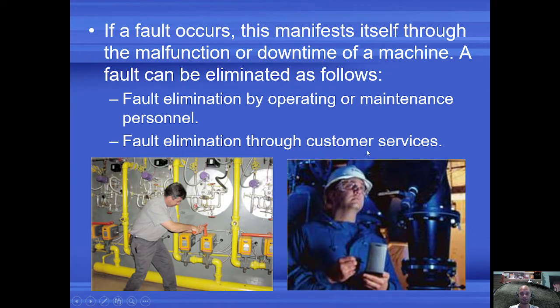Next, fault elimination through customer services. There are equipments that are properly maintained and operated properly, but still have malfunction or downtime. For example, if your machine is not made properly, some say China-made are more prone to damage than the original one.